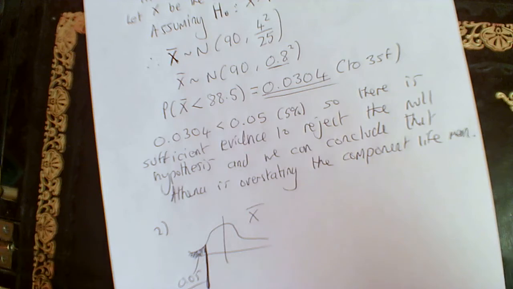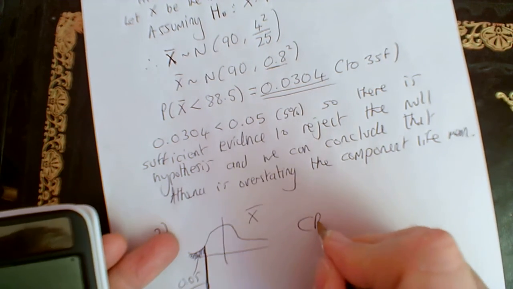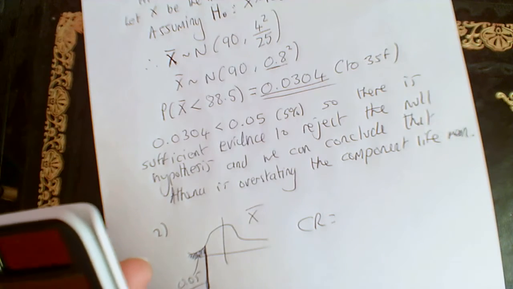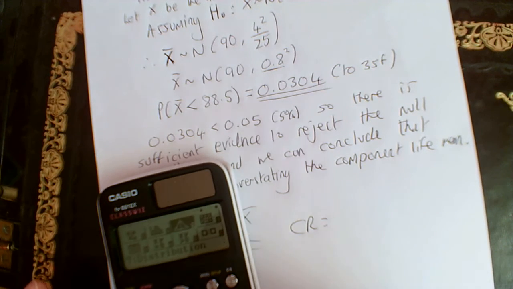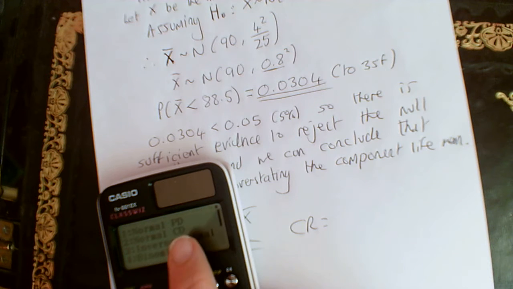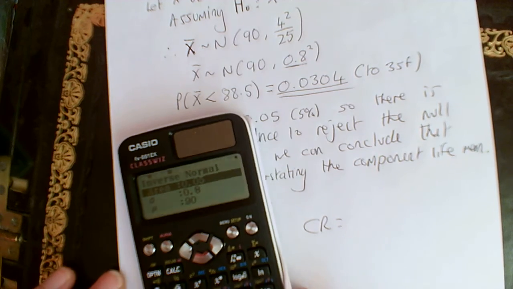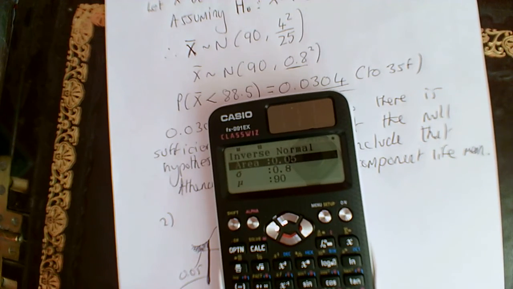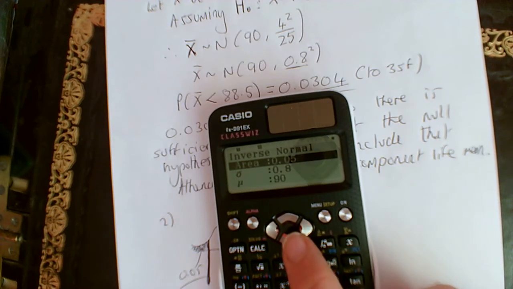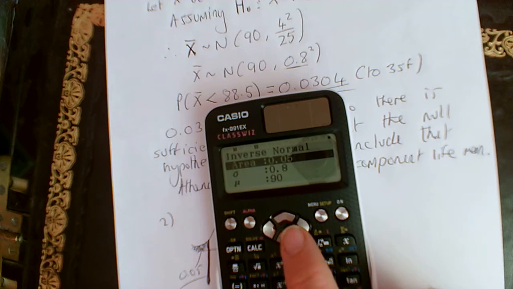Well, I can do this in my calculator using the ClassWiz. So let's have a look. Menu, 7, inverse normal, which is 3. It's not very well focused. There we are, that's a bit better. So I want the area 5% underneath it, 0.05.